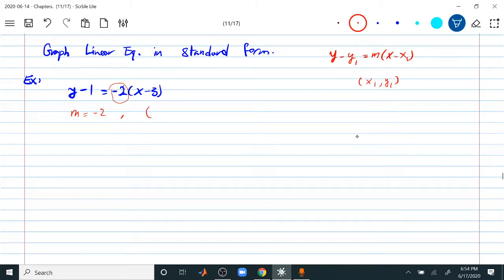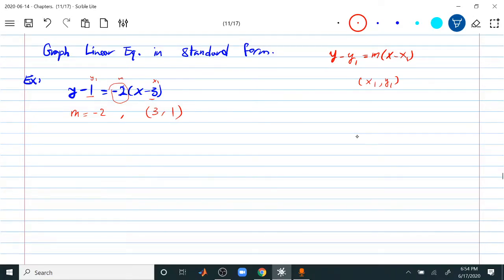And the point given is x minus 3, so x minus x1, x1 must be 3. y1 is 1. This is y1, this is x1 if you compare, and this is the slope.